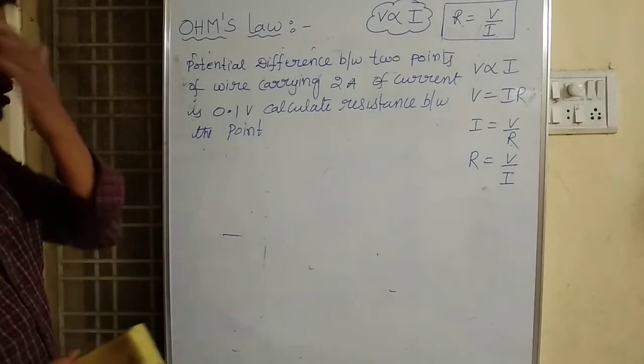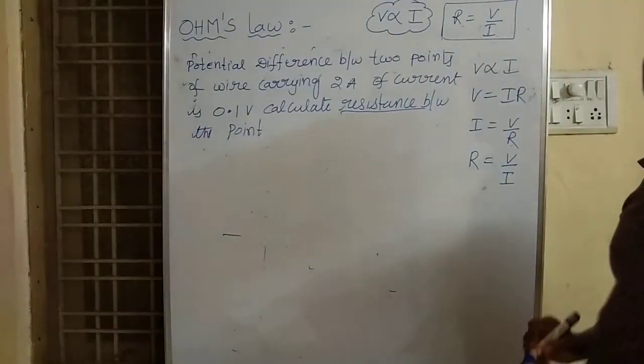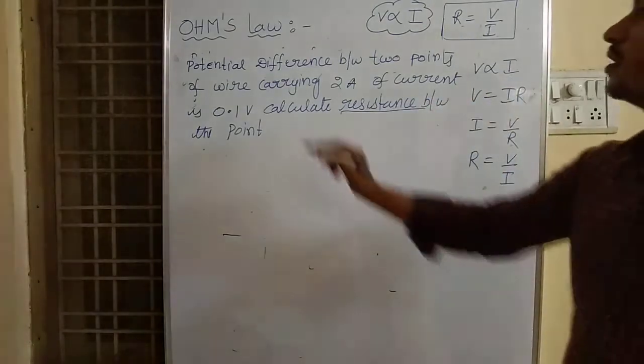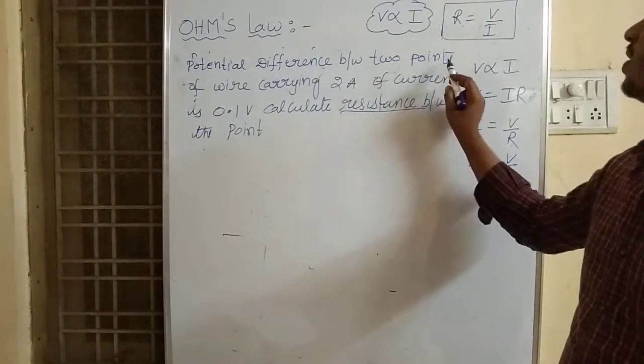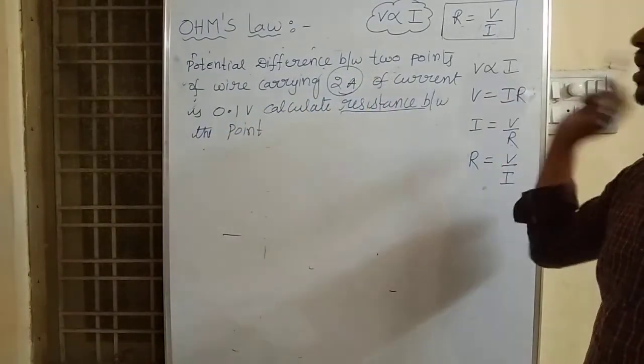What are they asking? They are asking to find out the resistance. What is given? The potential difference between 2 points of a wire carrying 2 amperes of current.